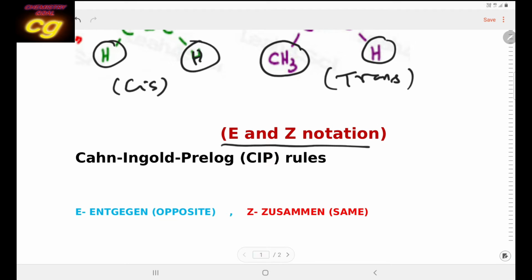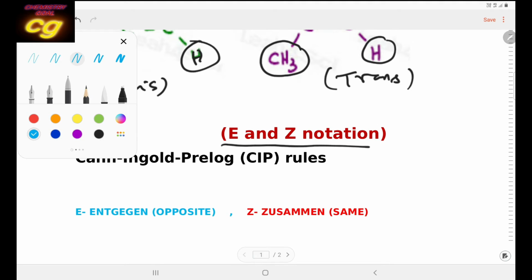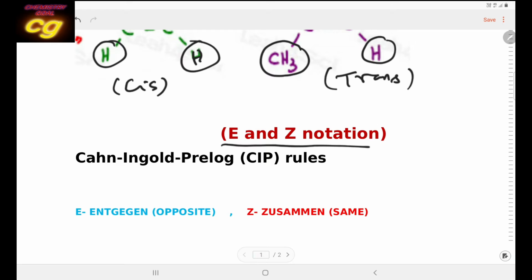EZ notation is used for organic compounds having a carbon-carbon double bond when the groups attached to the carbon atoms are different. As we have already discussed, similar groups on the same side is cis, and similar groups on opposite sides is trans.